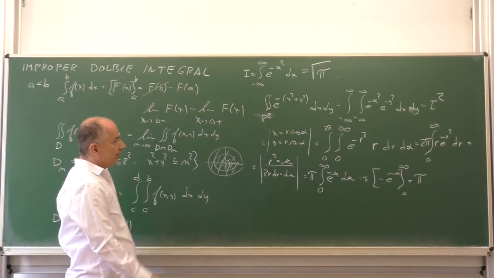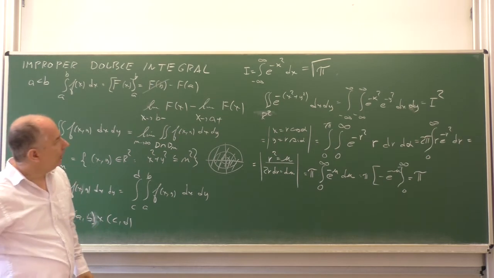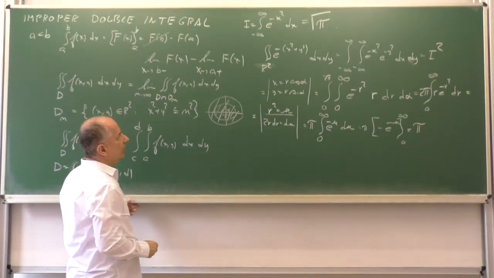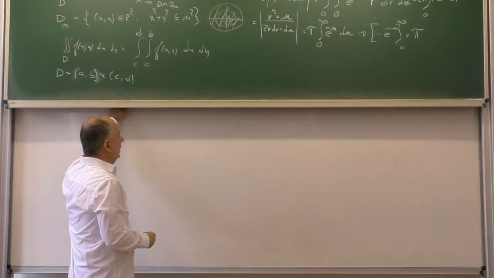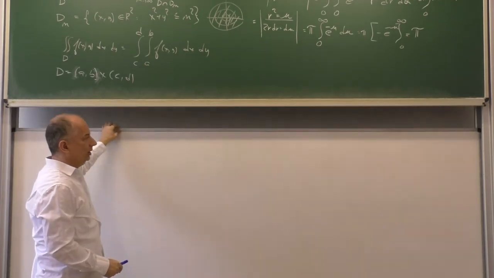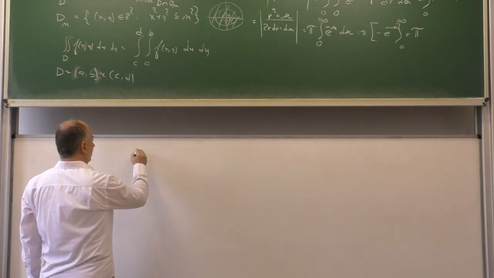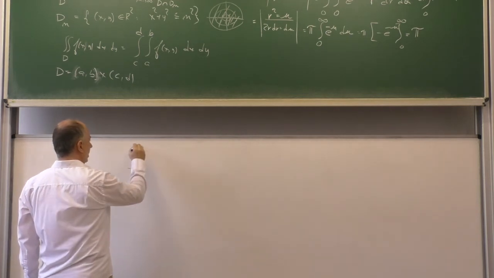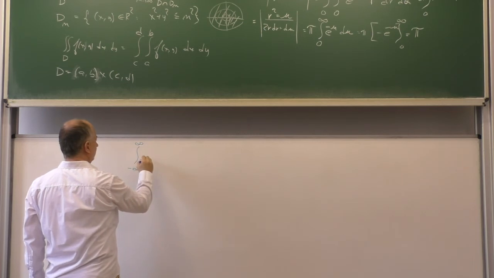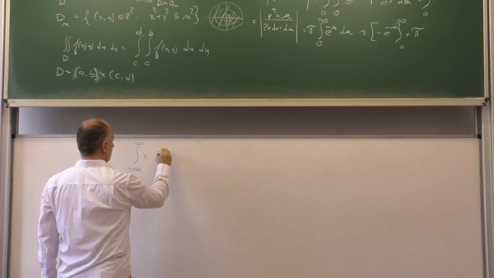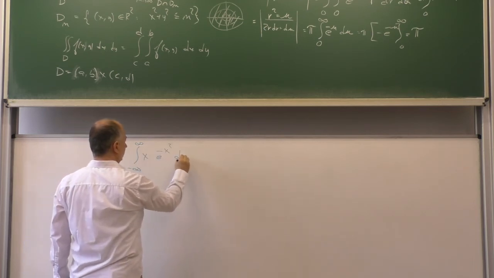And when we have this result, we can write two more related integrals that are used in statistics, so we can prepare the results here. What do you think about this one? Integral from minus infinity to infinity, x times e to the minus x squared dx.